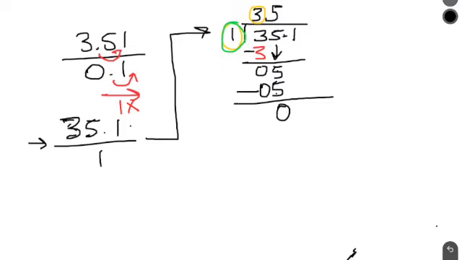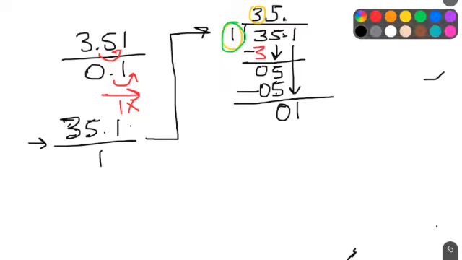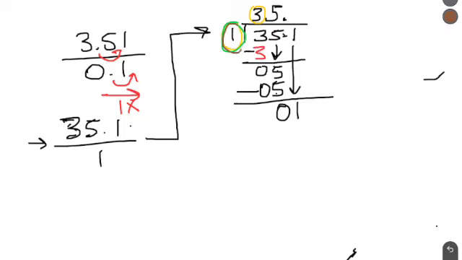We have a decimal point here, so we move our decimal point up in the same position, and then we bring down our 1. And we ask the question one more time. 1 times a certain number. What number, when you multiply 1 by that number, would equal 1 or less?